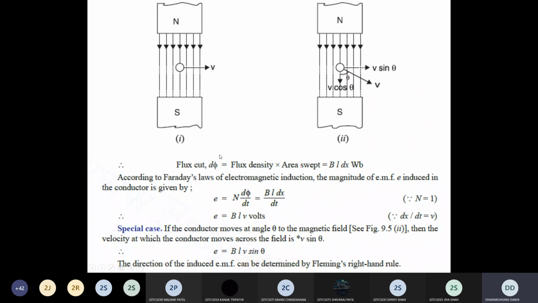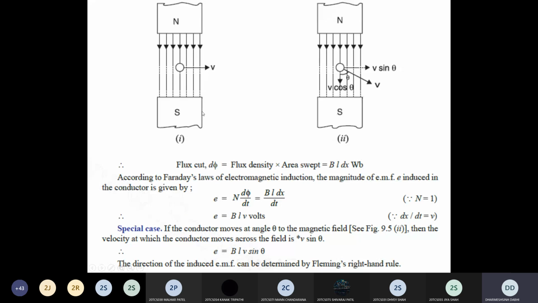Clear? Now, this conductor is moved in this magnetic field by a small distance dx, and the length of the conductor is L. So how much flux is cut by this conductor by moving the distance dx? As we know, flux phi is equal to flux density into area.